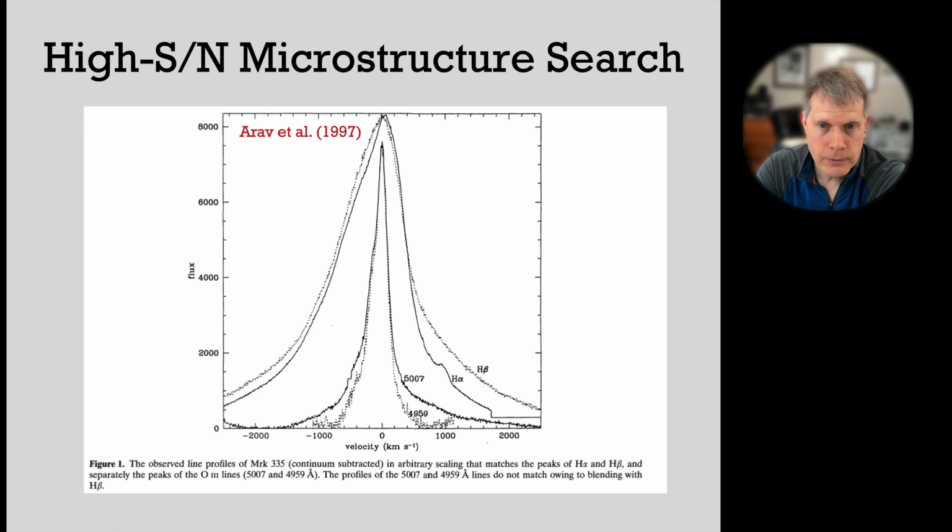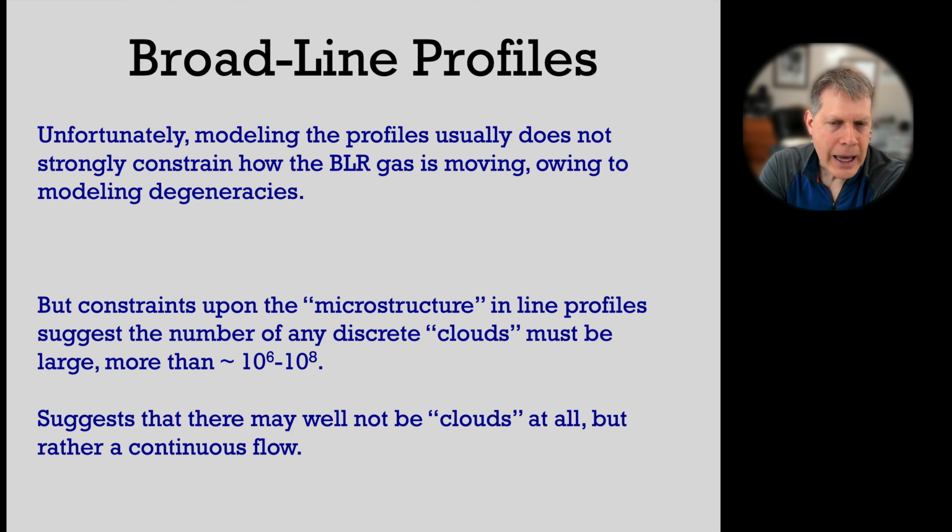But that is not observed. And people have, again, done modeling of this type to set constraints upon the number of any discrete clouds in the broad line region, and you find the number must be very large, more than 1 million or even larger.